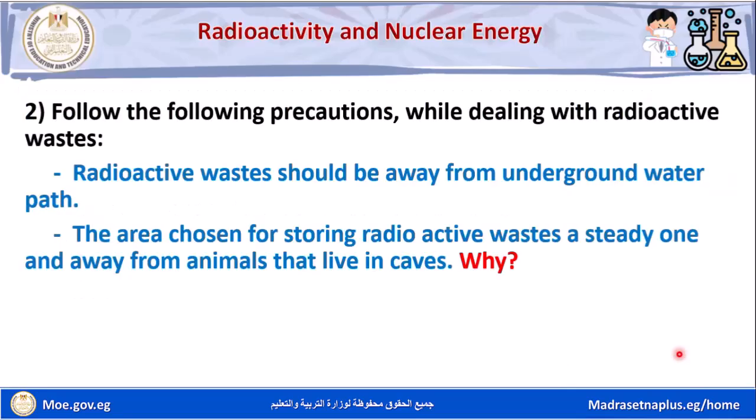Number two, follow the following precautions while dealing with radioactive wastes: radioactive wastes should be away from underground water passes to prevent its pollution, and the area chosen for storing radioactive wastes should be a steady one and away from animals that live in caves.